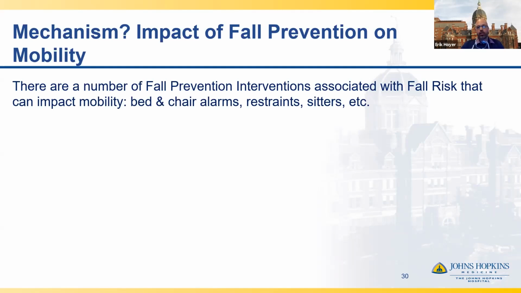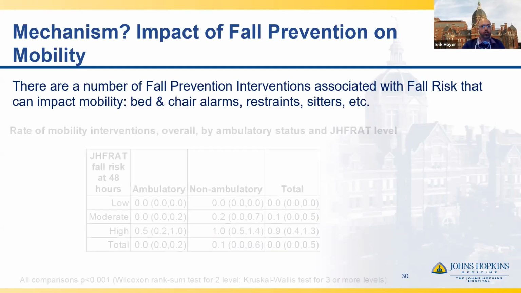There's a number of those interventions that impact mobility, things like bed and chair alarms, restraints, sitters, etc. On a daily basis, we looked at all the interventions that could potentially impact somebody's mobility, and we quantified them. Did they have one intervention per day, or maybe one intervention every few days, and so forth.